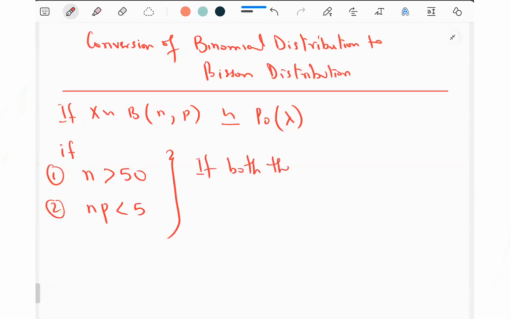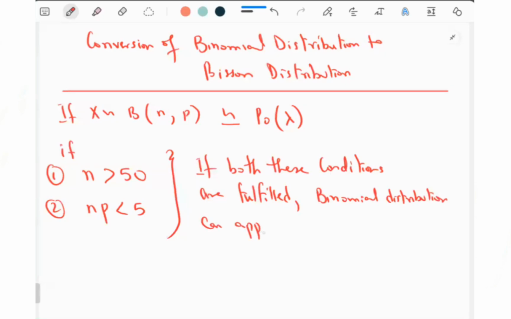If both these conditions are fulfilled, binomial distribution can approximately be converted to Poisson distribution.